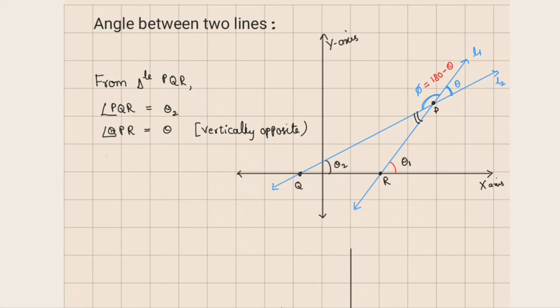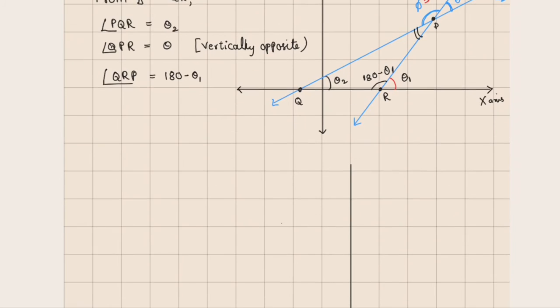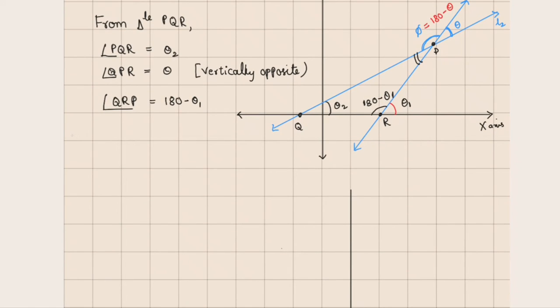Angle QRP is this angle, which is 180 minus theta 1, because theta 1 and this angle are supplementary. We know the sum of all three angles in a triangle is 180. That implies theta 2 plus theta plus 180 minus theta 1 equals 180. The 180 gets cancelled, and we get theta, which is one of the angles between these two lines, equal to theta 1 minus theta 2.